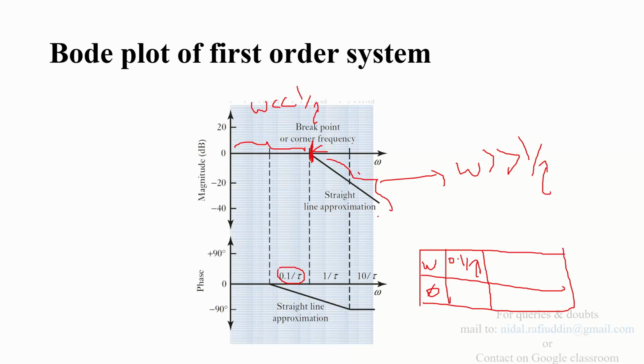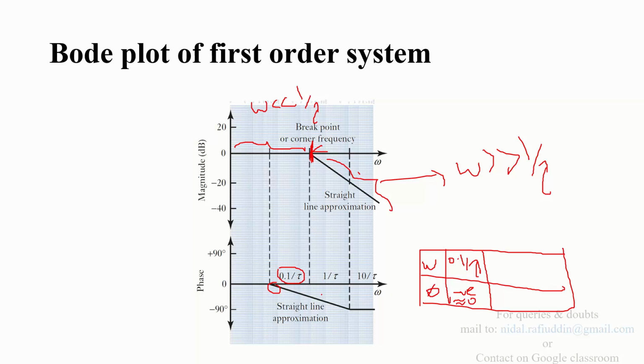Thus phi will not be exactly 0 but will have a value close to 0 and negative. So it is not going to be exactly 0 at 0.1 by tau.